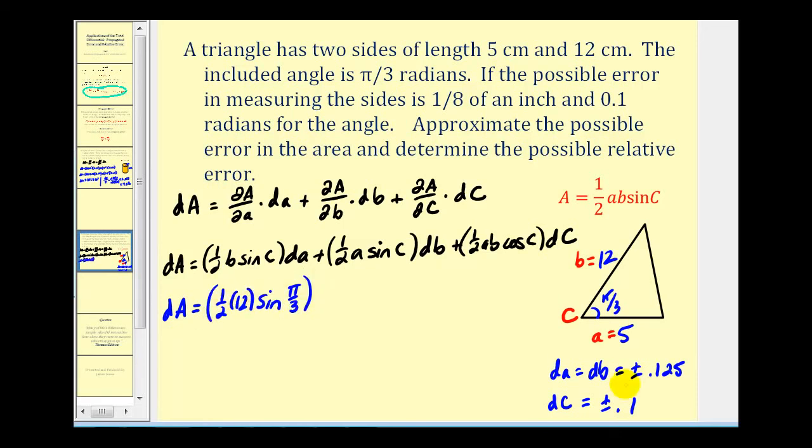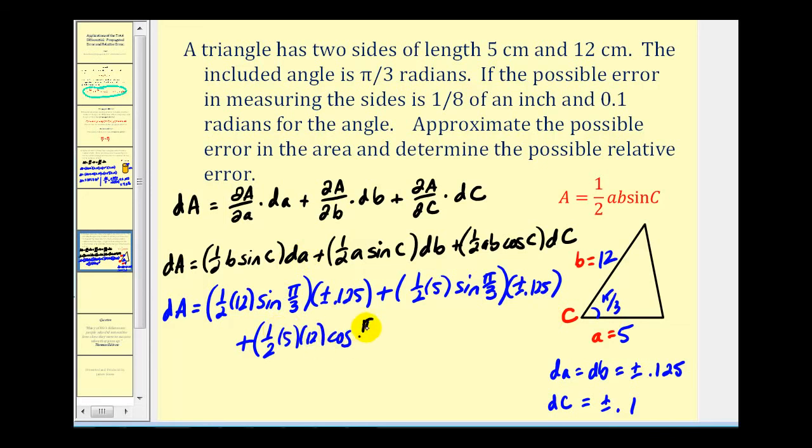All of this times plus or minus 0.125. 1/2 A sine C is going to be 5 sine pi over 3 times differential B, which is plus or minus 0.125, plus we have 1/2 AB cosine C times differential C. So 5 times 12 times cosine pi over 3 times plus or minus 0.1.